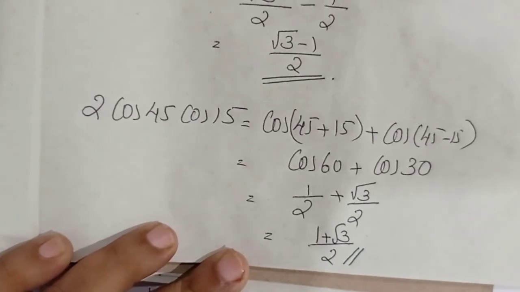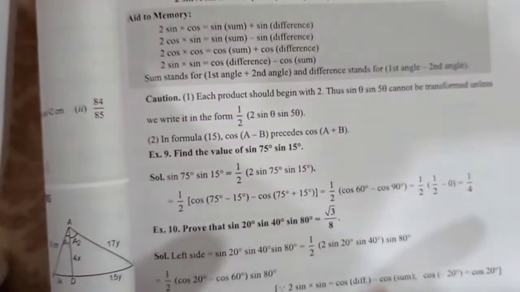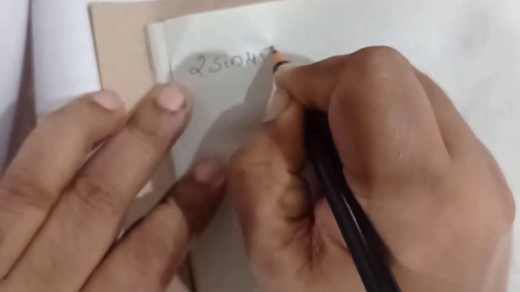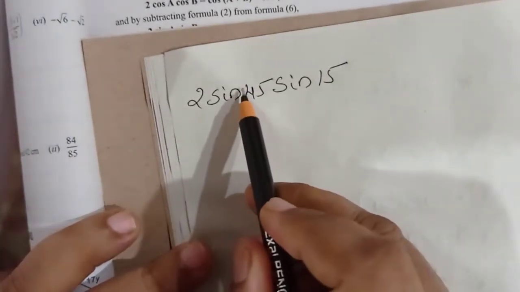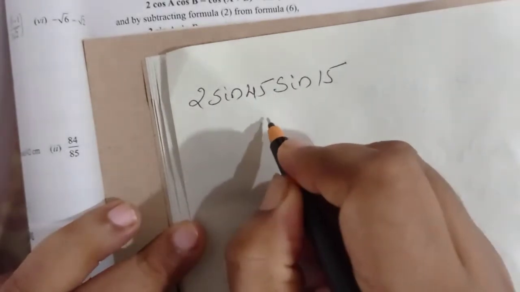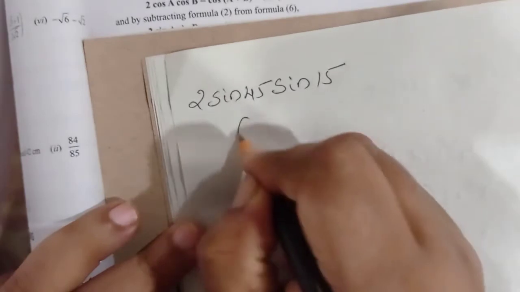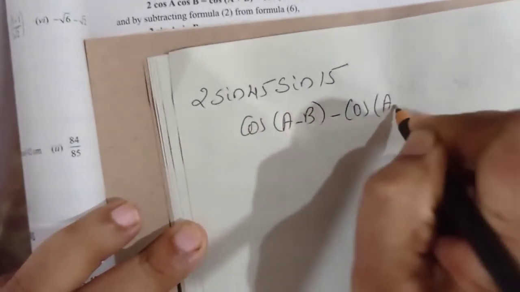Okay. Now, here, the last one is both sine. If both the terms are sine, how can you apply the formula? 2 sine 45 sine 15. If both the terms are sine, what's the formula? Cos difference minus cos sum.